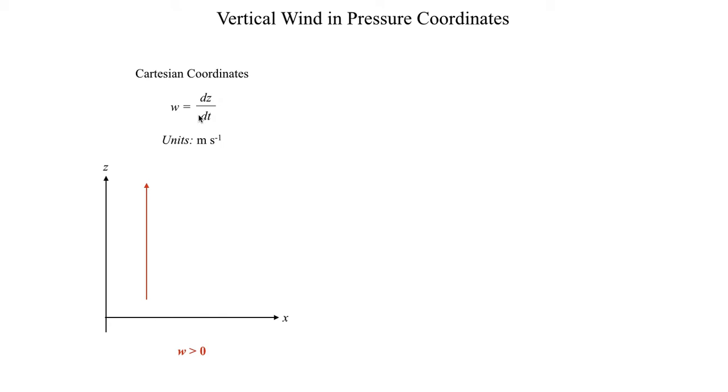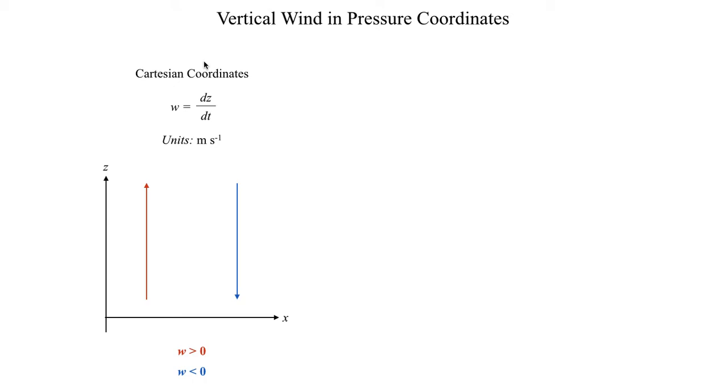So dt is always going to be positive, and if our change in z is also positive, then we have a positive value of w, which represents a rising parcel of air or some sort of rising motion. And if we look at the flip side, a case where z decreases with time, so that as time progresses we go towards lower values of z, that would correspond to sinking motion, and also to a value of w that is less than 0.